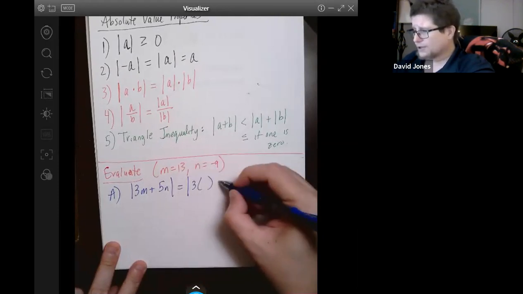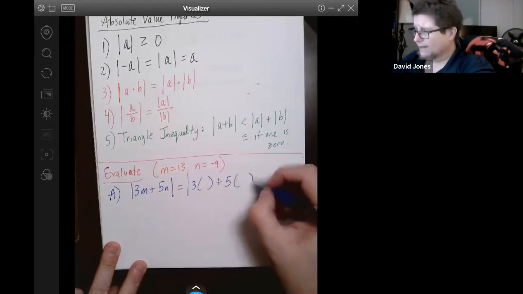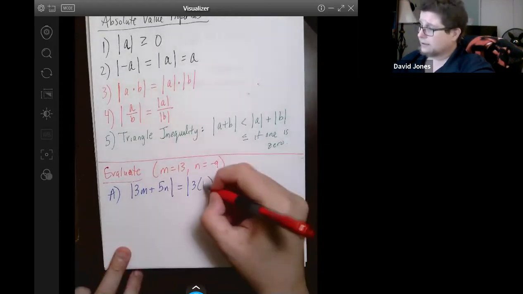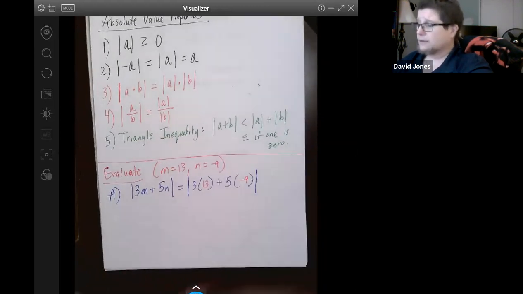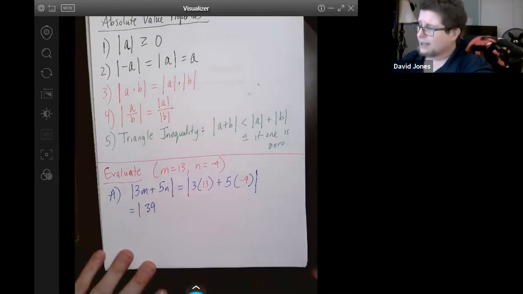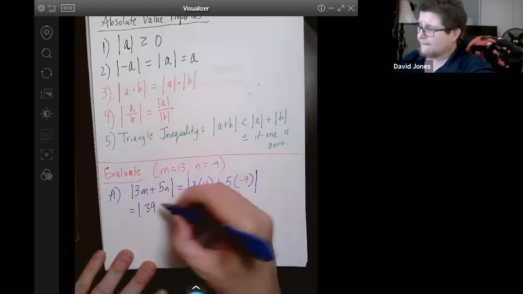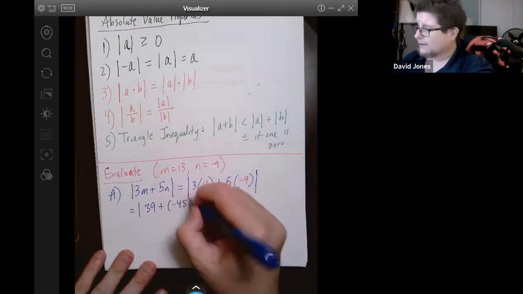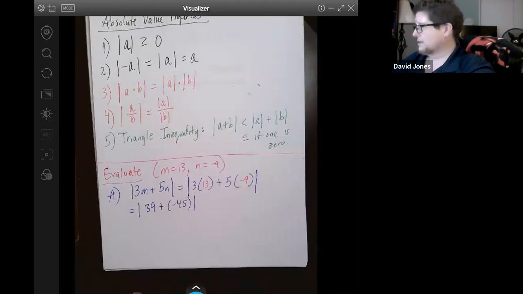We're going to replace our m and our n with values in parentheses. Three times 13 is 39, and then I've got plus 5 times -9 is -45. And 39 plus -45 is -6.